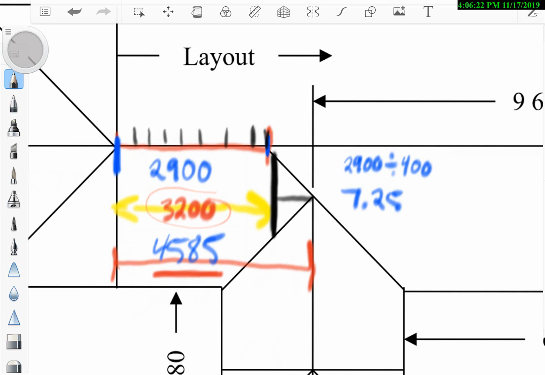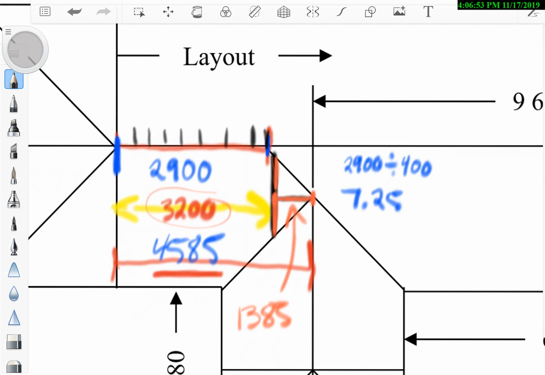And what we're left with is the distance from that valley cripplejack to the minor ridge, and that distance is 1385. Well, it's just this easy. That distance is the same as this distance right here, and it's also the same as this distance here.